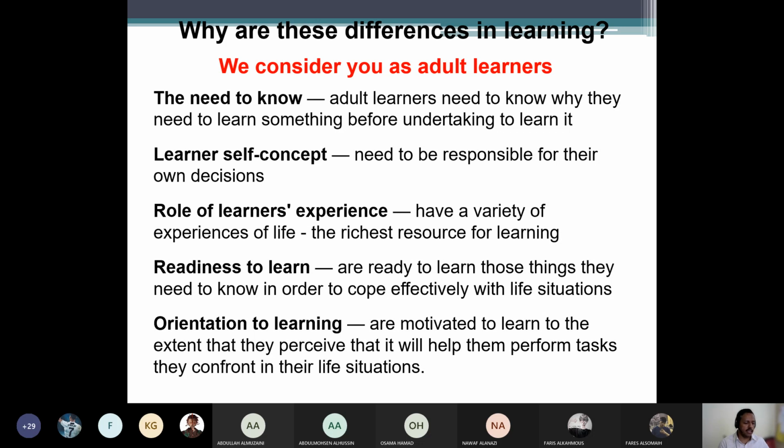They know that these things will be happening in our course. Orientation to the learning: they are motivated to learn and they want to confront all these life situations, because once you become a doctor, you may be able to perform duties during emergency, or maybe in your family someone is sick. So you are oriented now.